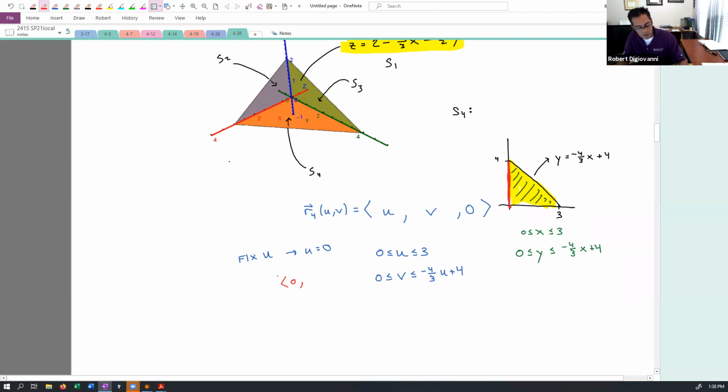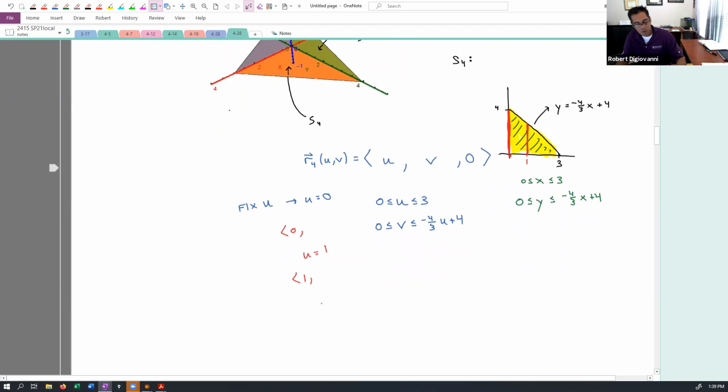Let's fix u to be something else. If u is 1, what would happen? We get 1, so we move out to the right, we're at 1. And now I have to draw everything between 0 and, let's see, if we plug 1 in here, it'd be negative 4/3 plus 4, which would basically be everything from here to here. So I wouldn't draw the whole way up to 4. Do you see that? And what if u is 3?